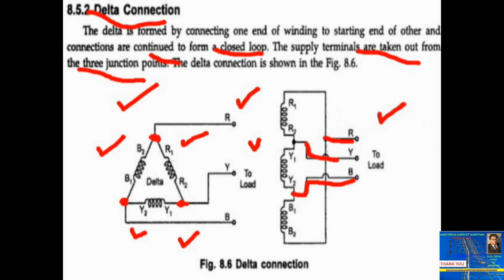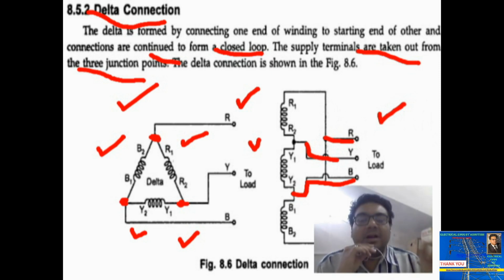So guys, till now we have learned about the EMF generation of a three-phase circuit, how EMF is generated, and what are the different connections of a polyphase system, that is two types of connections, star and delta connection, and how they will look.